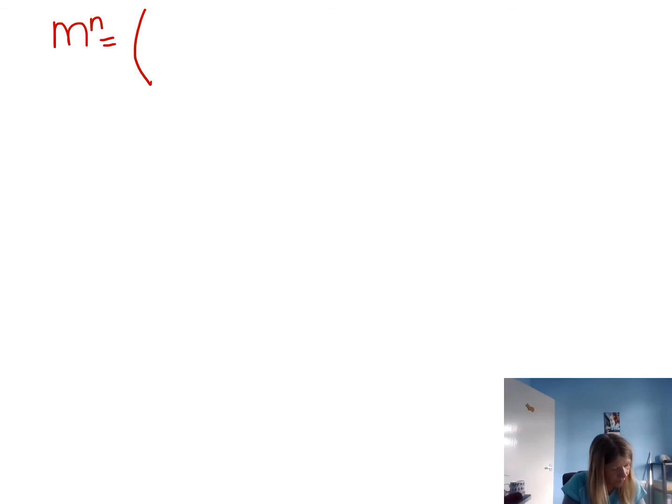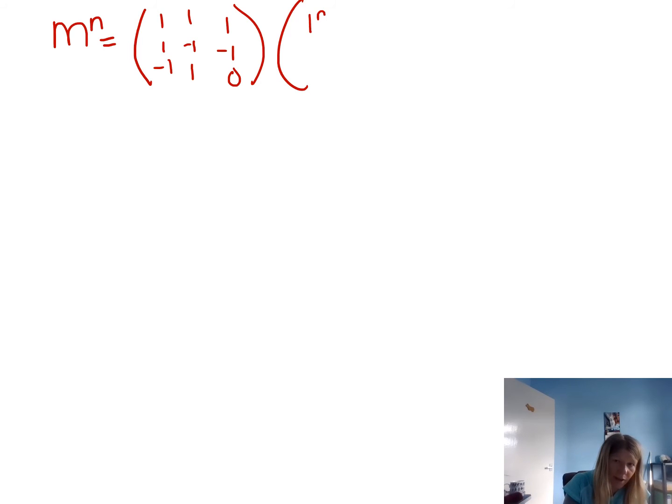What were they? 1, 1, minus 1. 1, minus 1, 1. 1, minus 1, 0. The eigenvalues that we're going to now put in as 1 to the power n, 0, 0, 0, minus 1 to the power n, 0, and 0, 0, 2 to the n.